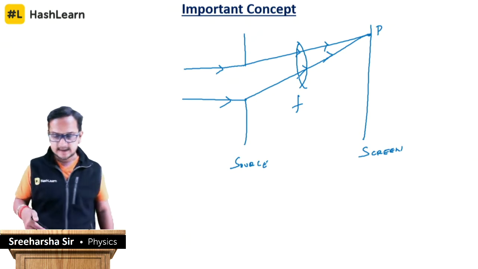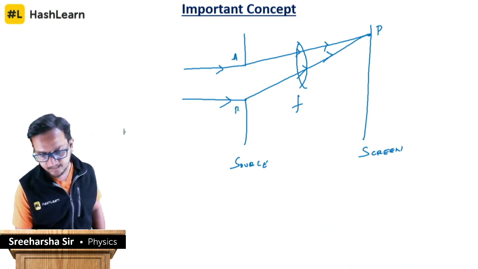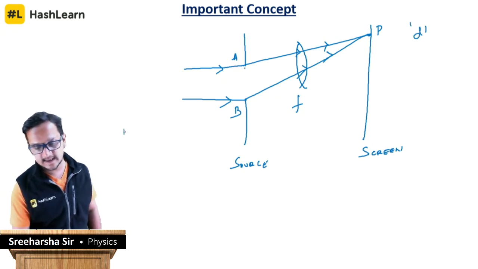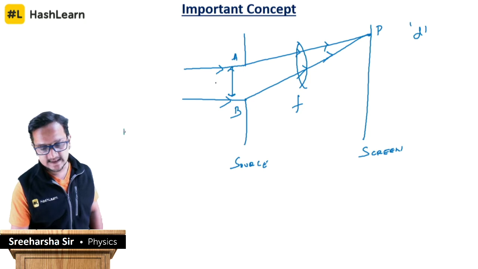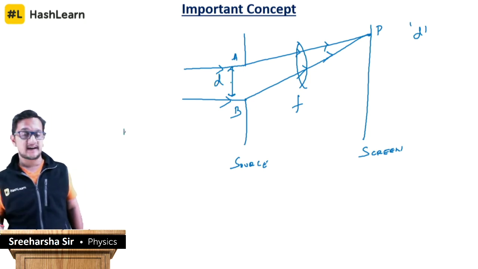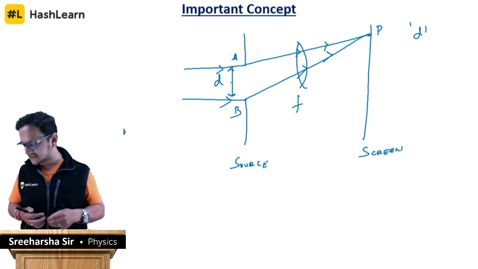Now let us consider this place, I'll call this A and B. Let us say the total slit width is a, this distance is a, and we follow the concept of path difference which we discussed in YDSE.